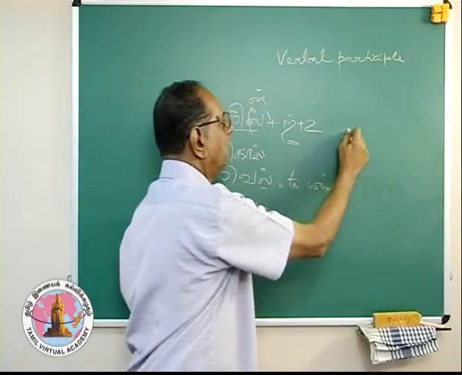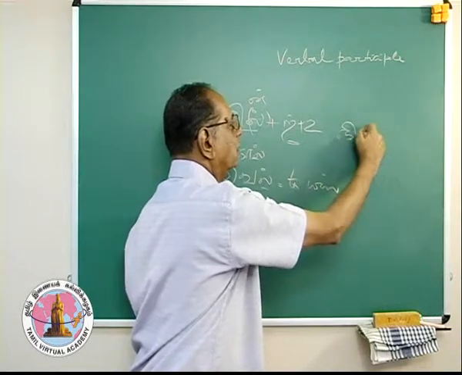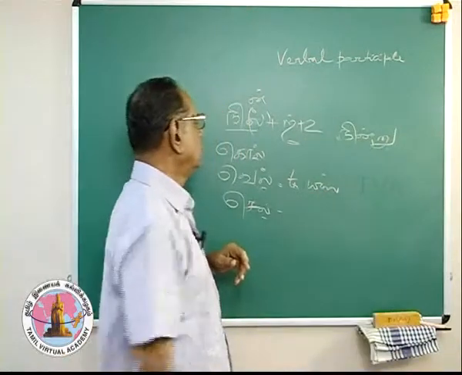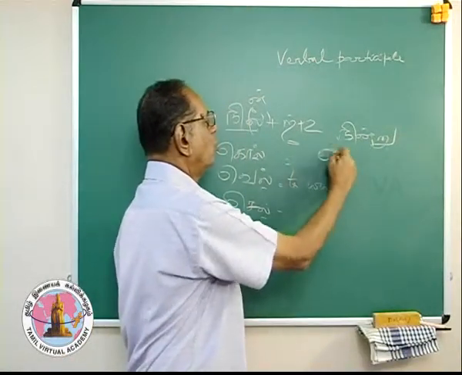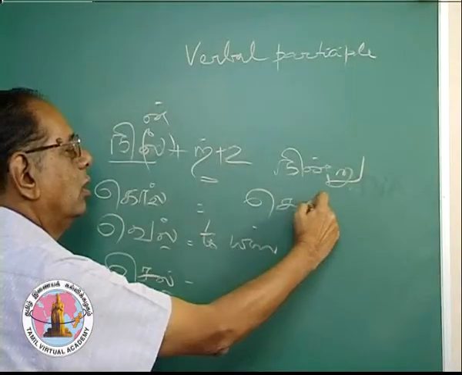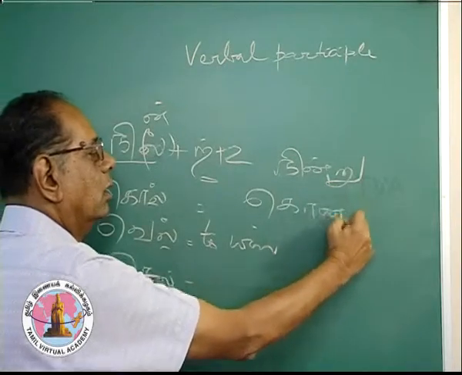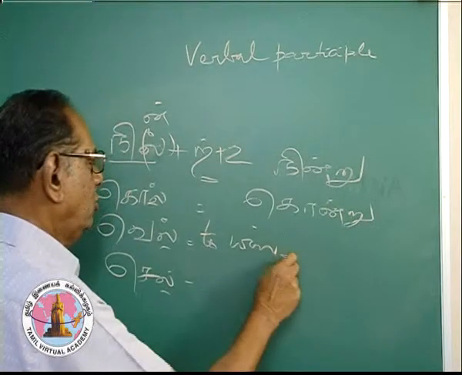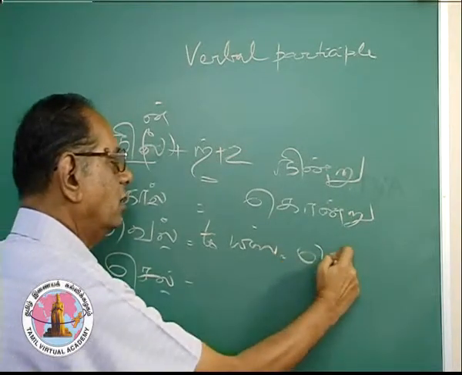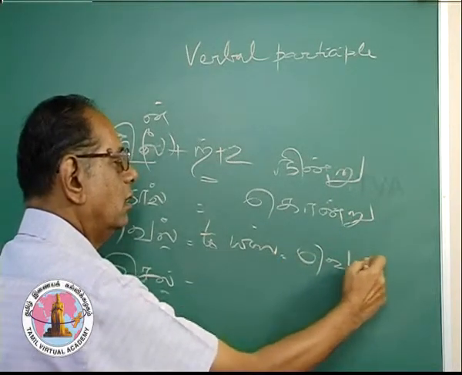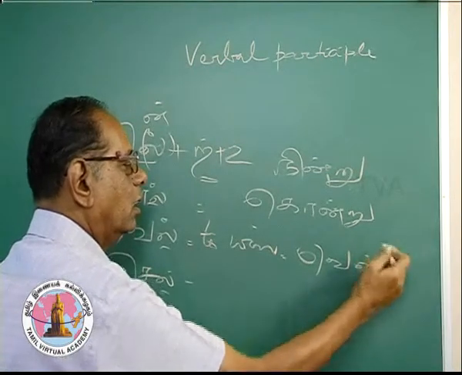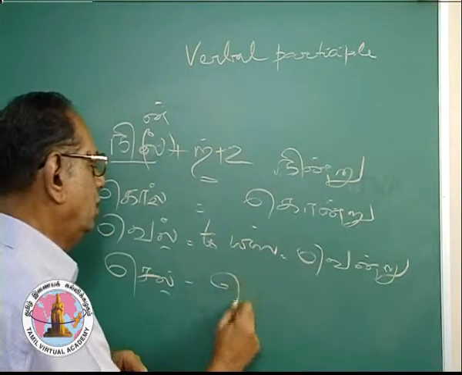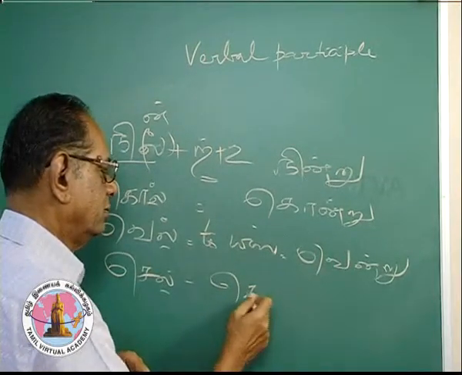So it will be nindru. This will be kondru. And this will be vendru. And this will be shendru.